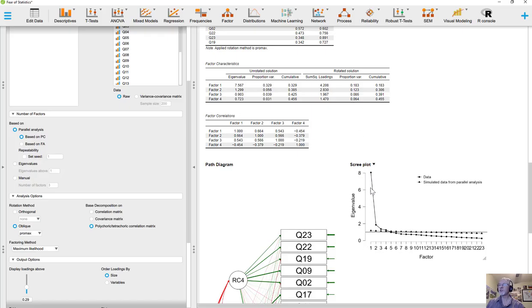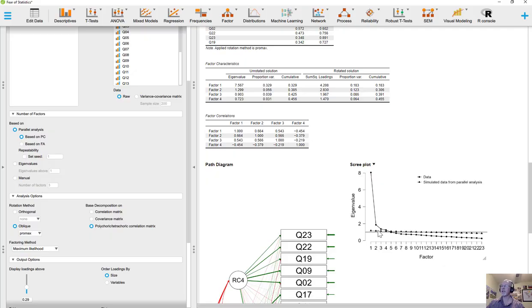Now, the scree plot is telling you how many factors to retain, and it does that by generating, based upon sample size and the number of items that you have, 23 items, random data.